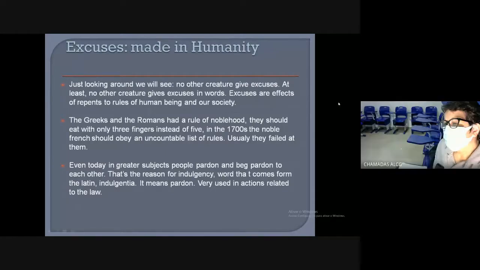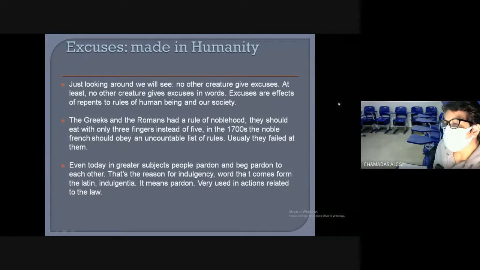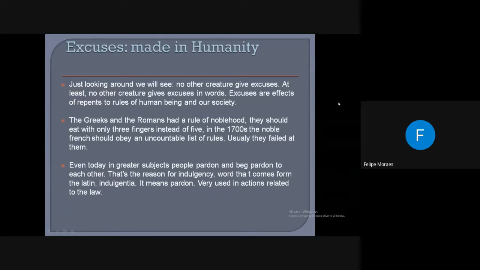Or even in the 70s, you would be seen as a rude person if you did not obey an uncountable list of rules, which we know today as rules of etiquette. Usually they failed at them.